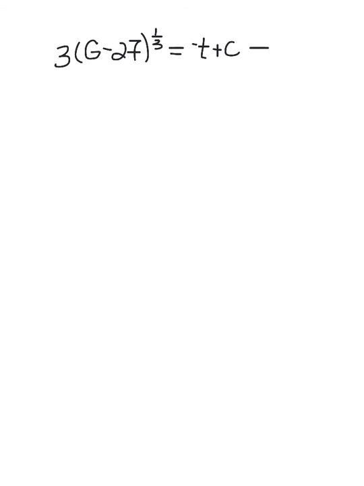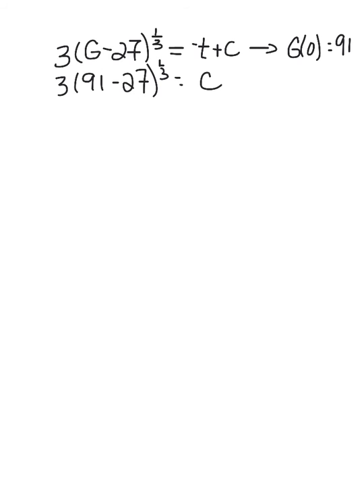So we can plug that in right now. So we know that g of 0 equals 91, right? So that's going to be 3 times 91 minus 27 to the 1/3. And then we really have 0 over here plus c, right? So I'm just going to write c. Okay, well, 91 minus 27 is 64, right?